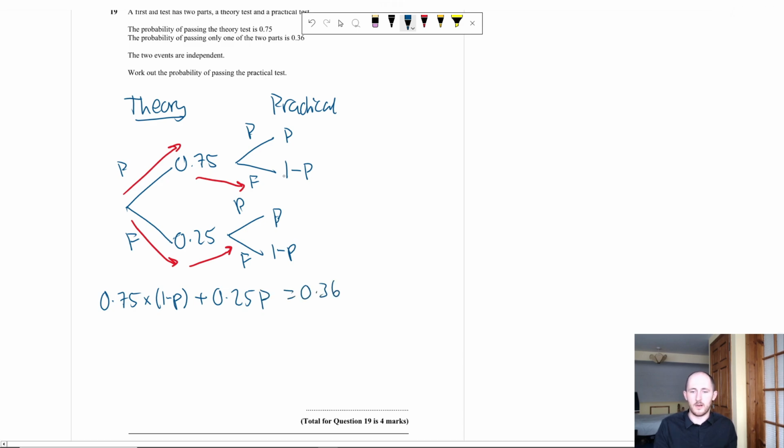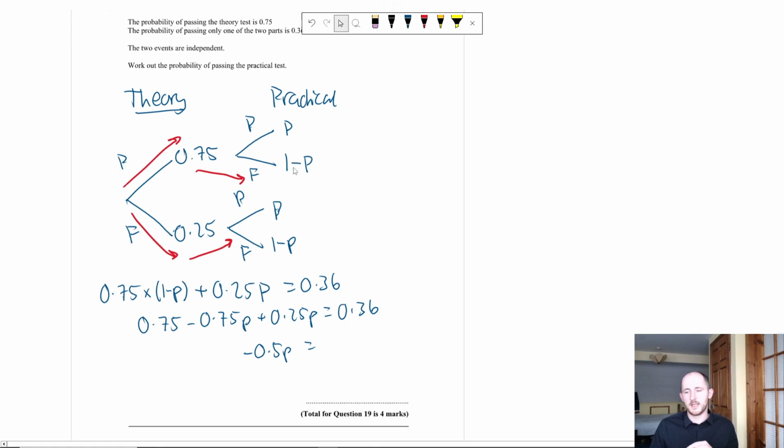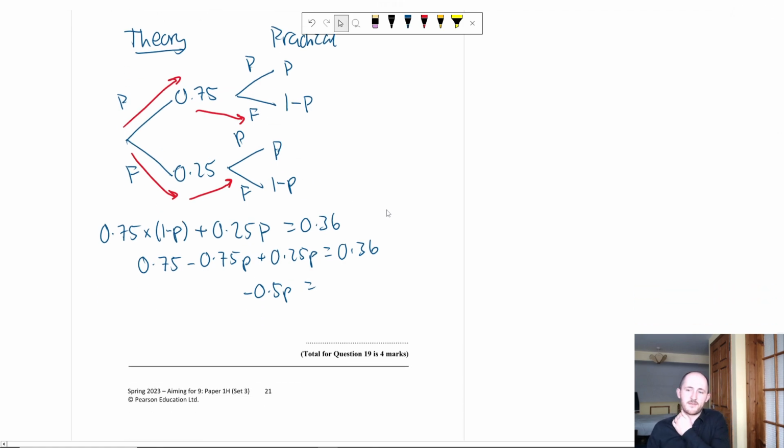Now it's just a normal linear equation. Gather the like terms and move 0.75 to the other side. So that would be negative 0.5P equals 0.36 minus 0.75, which is negative 0.39.